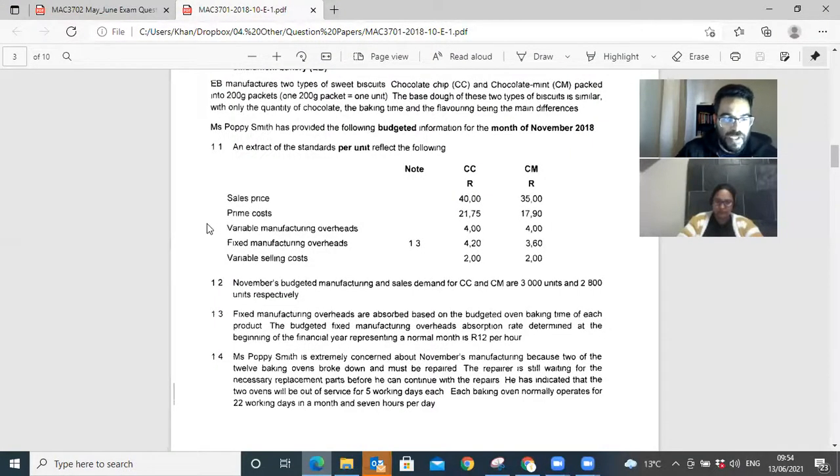It is 40 and 35. What is the prime cost for CC? Prime cost is 2175, 1790. Then we have variable manufacturing overheads, which is 4 and 4.